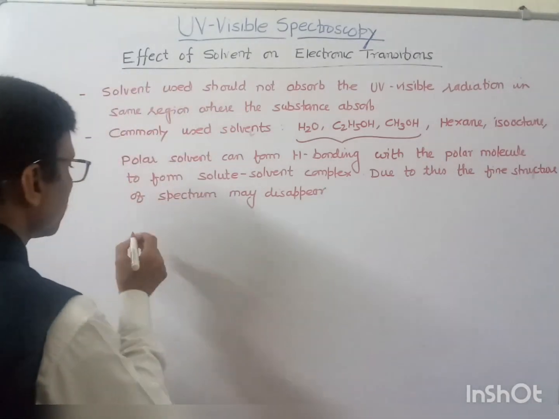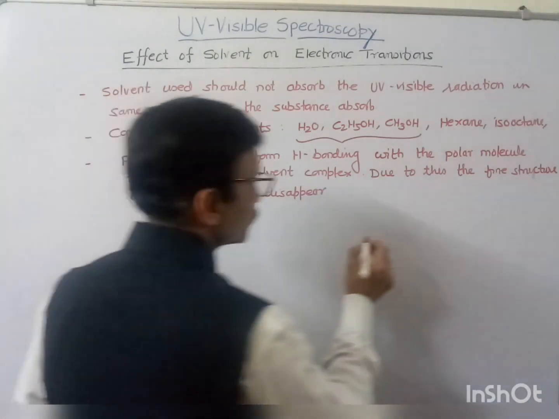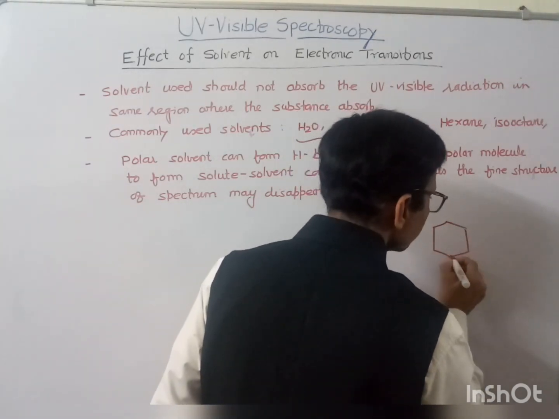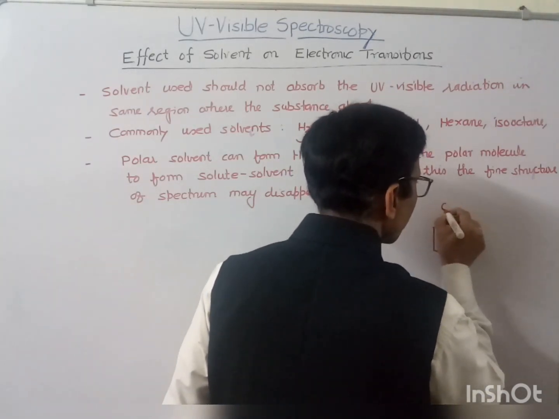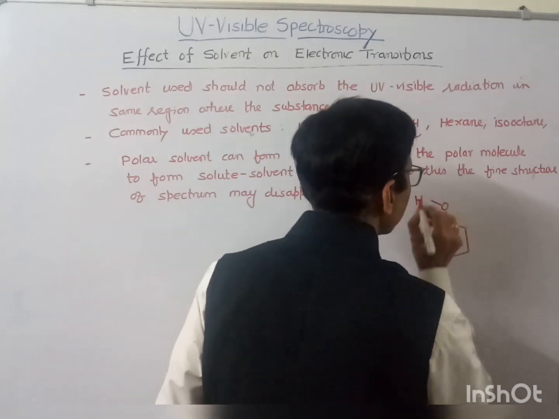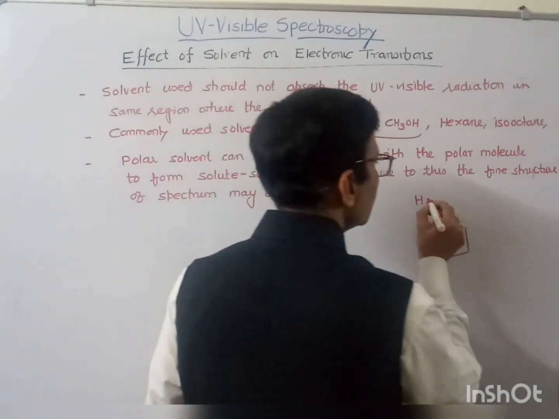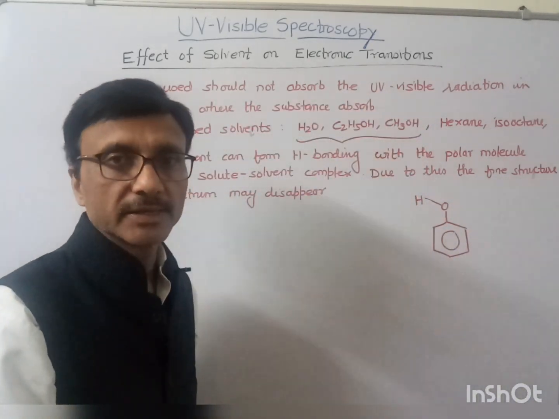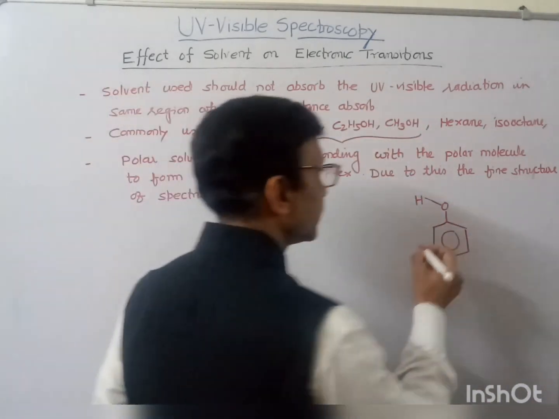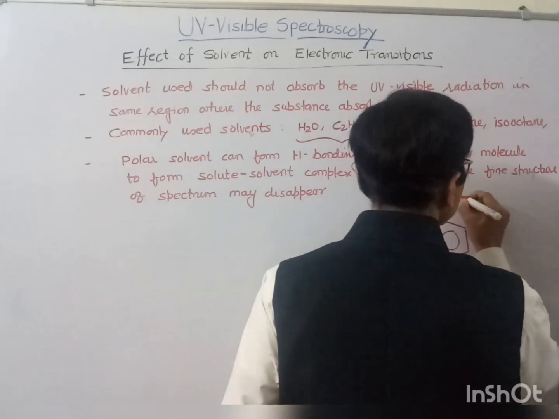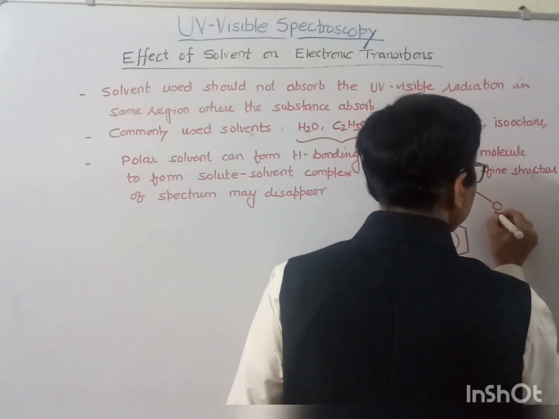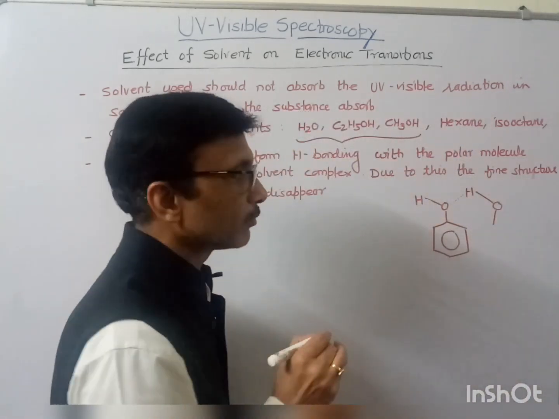For example, suppose we want to take the UV visible spectra of phenol, and we are taking it in a polar solvent like ethanol. Then ethanol can form hydrogen bonding.